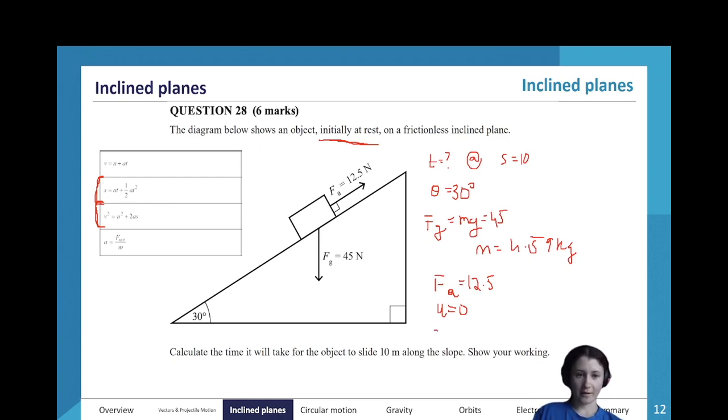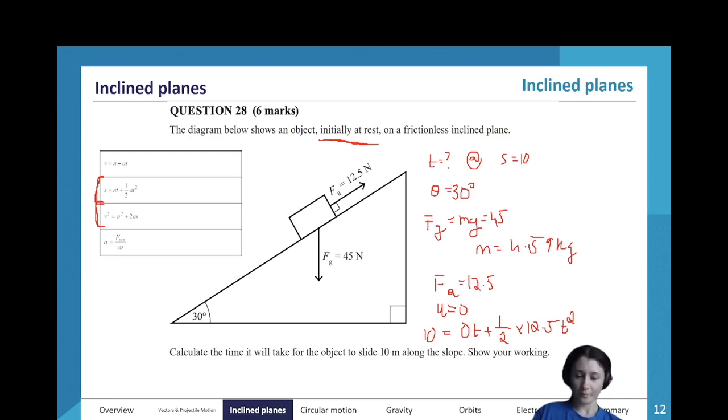So we're going to have S equals, and remember S is 10 here. 10 equals ut, so u is 0, t, plus half acceleration is 12.5, T squared.